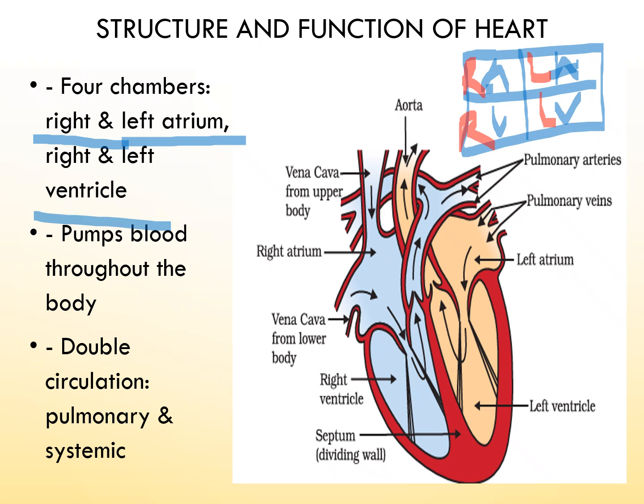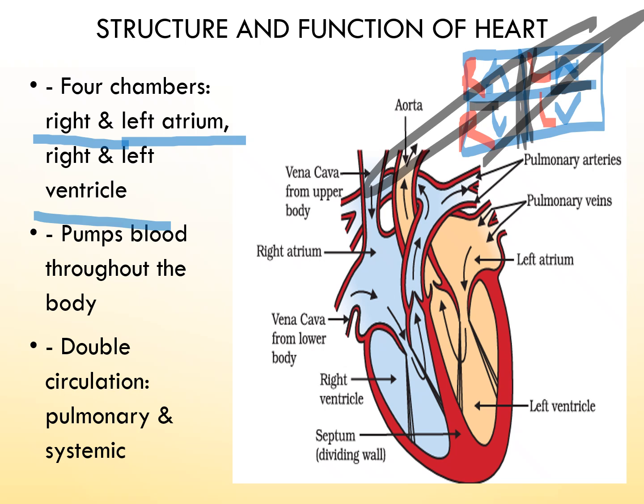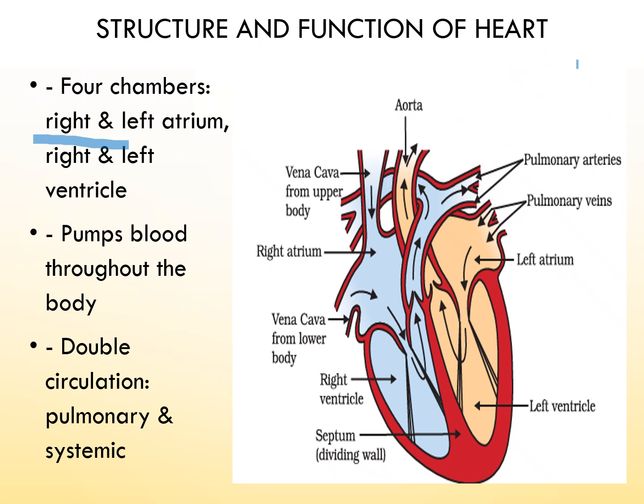These auricles and ventricles are separated with the help of a muscular flap, which is the septum. The left atrium and left ventricle, and the right auricle and right ventricle, are also separated with the help of valves. We will study this ahead in the next slides.